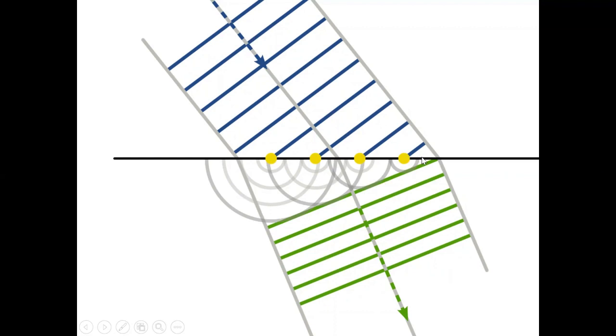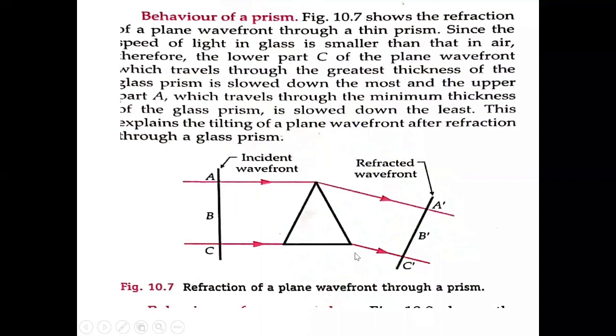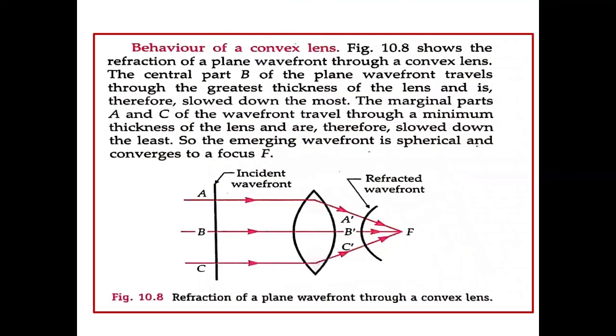This part is touched first, so it starts propagating secondary wavelet. This explains beautifully the propagation of the wave in the form of secondary wavelets.